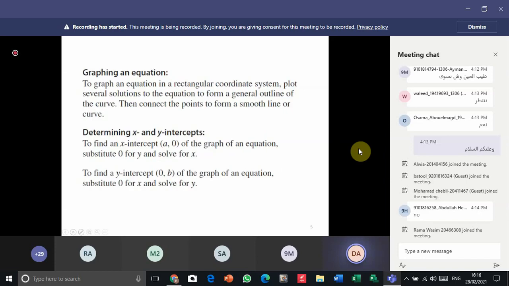To graph an equation, any equation or function, we find specific points and connect between these points by smooth lines or curves.